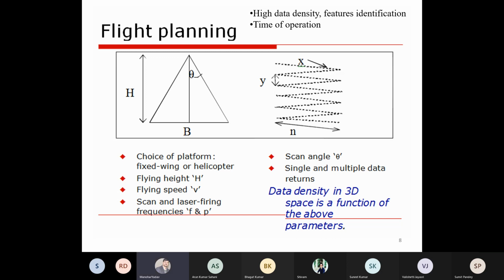See, the scan frequency is given with the instrument that we use, and it is fixed.